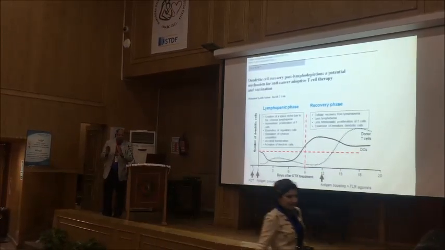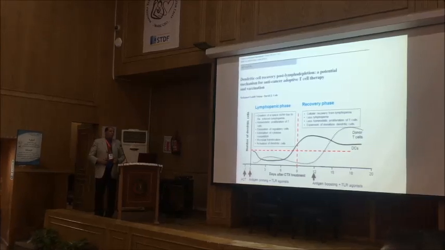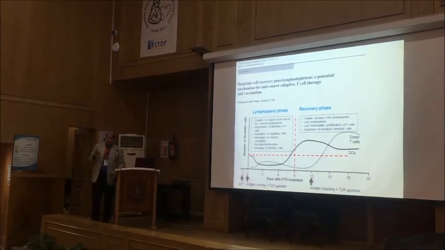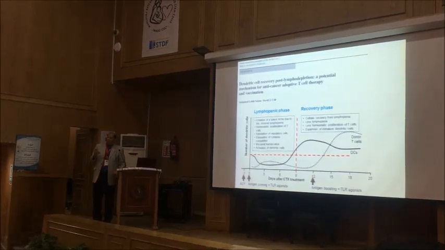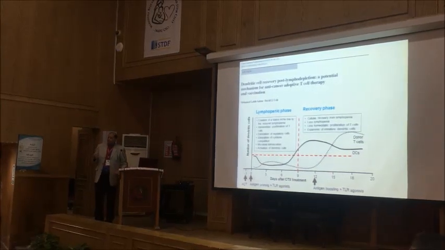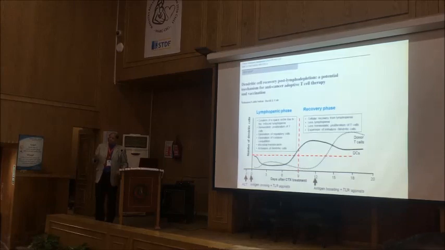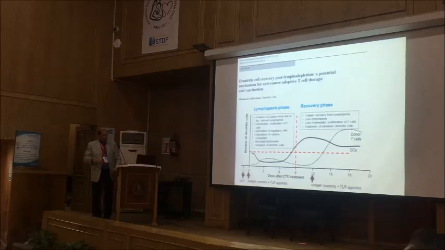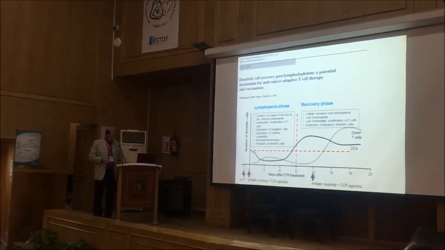Using this very nice model, we were able to eradicate melanoma using adoptive cell therapy of naive CD8 cells and vaccination with peptide, in addition to poly I:C, which is a toll-like receptor 3 agonist.